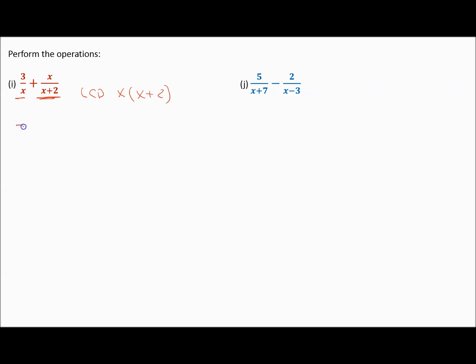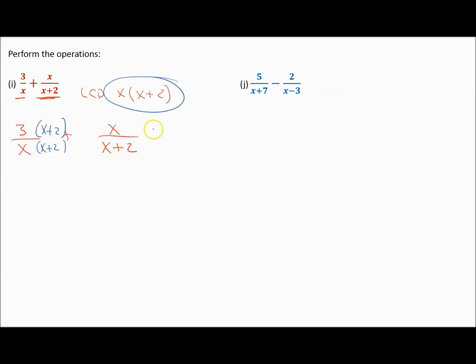So when I rewrite my problem with a little bit of space, 3 over x plus x over x plus 2, now I want to build my common denominator by multiplying by what I'm missing. If this is my least common denominator, this one's missing an x plus 2. So I need to multiply that both in the numerator and denominator.